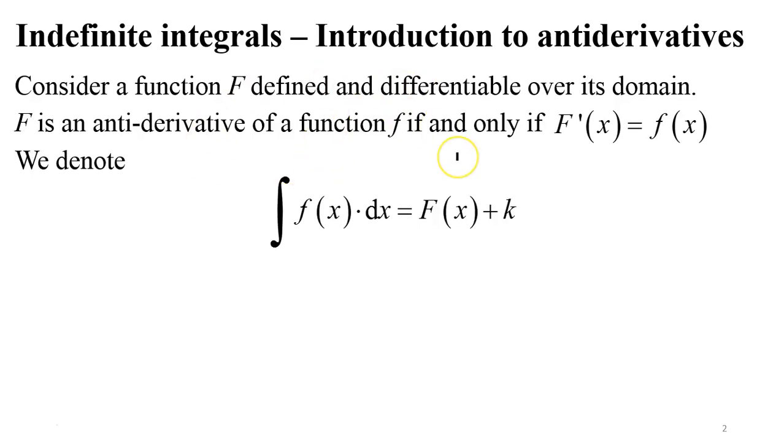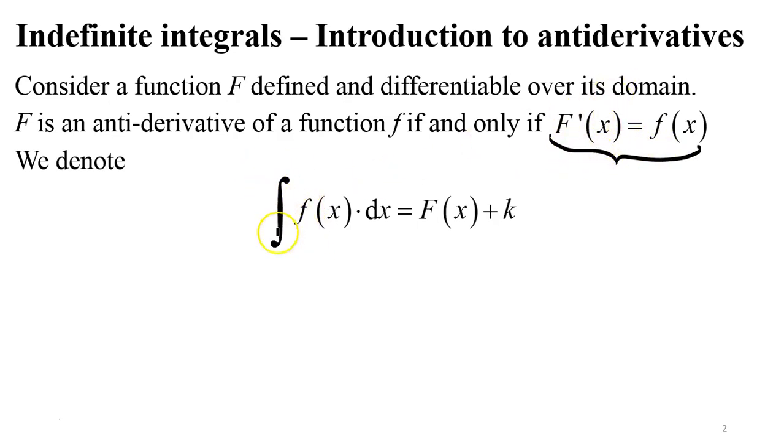To summarize what we've just discussed, if capital F is defined and differentiable over its domain, then F is an antiderivative of small f if and only if the derivative, capital F prime, is equal to small f of x.